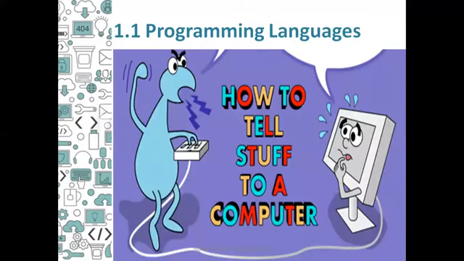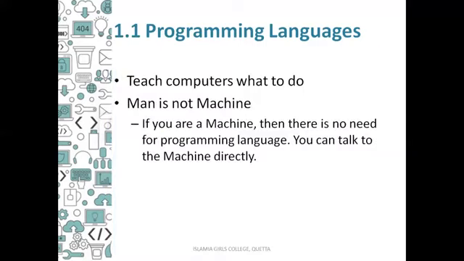So the problem comes: how are you going to tell things to a computer, or how can you give instructions to the computer if it cannot understand your language? You know that a computer is an electronic machine, and it works on ones and zeros. You do not understand the ones and zeros. So here come the programming languages. They act as a bridge between the computer and man.